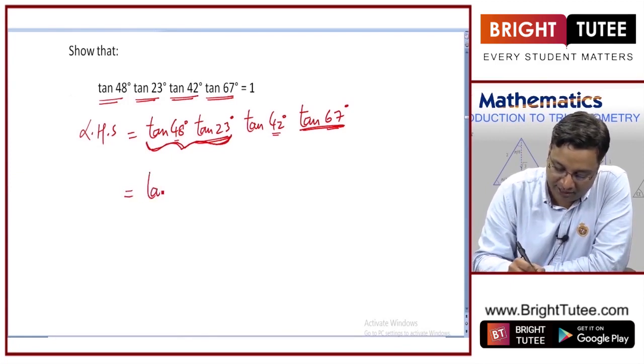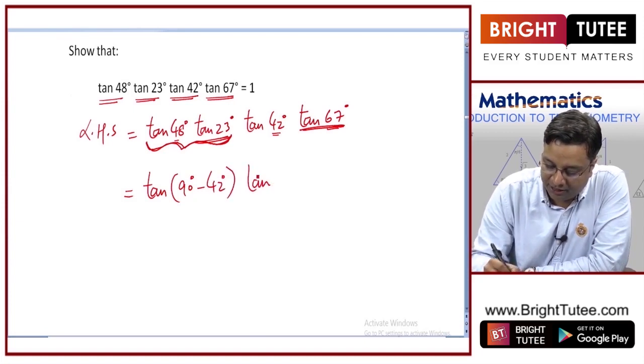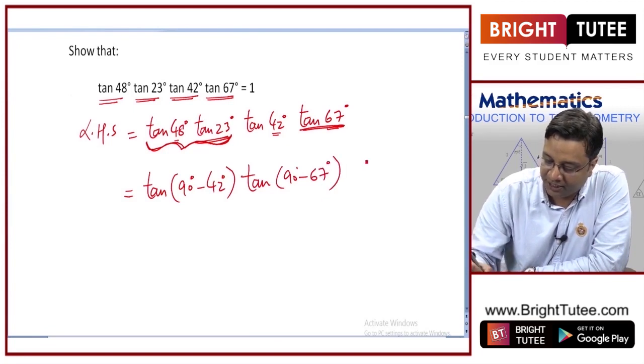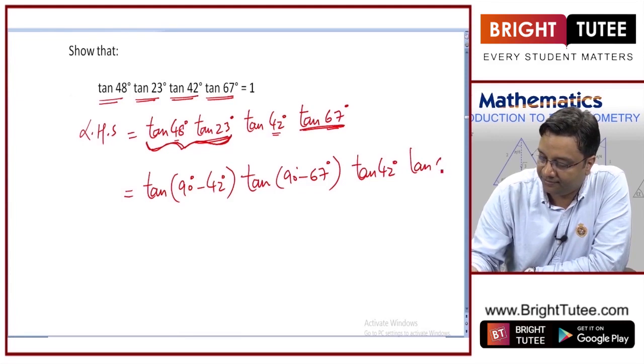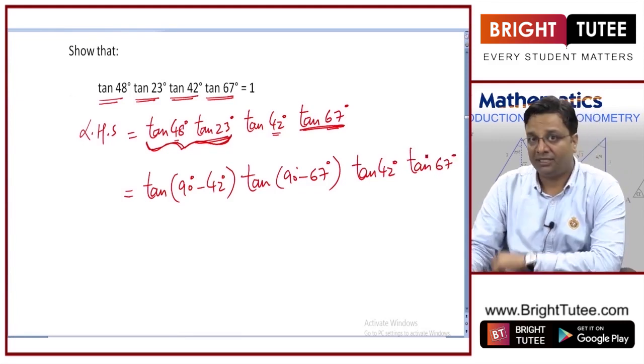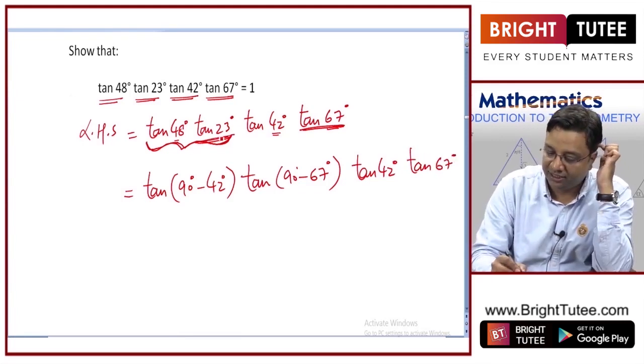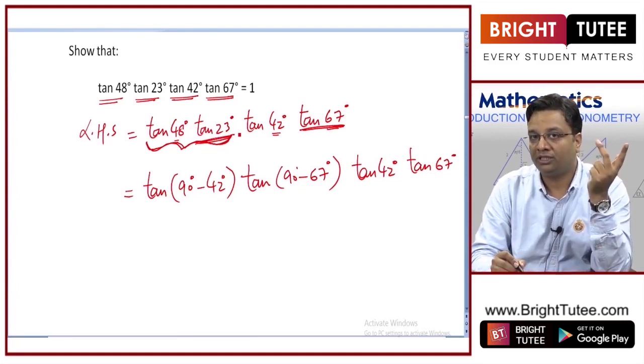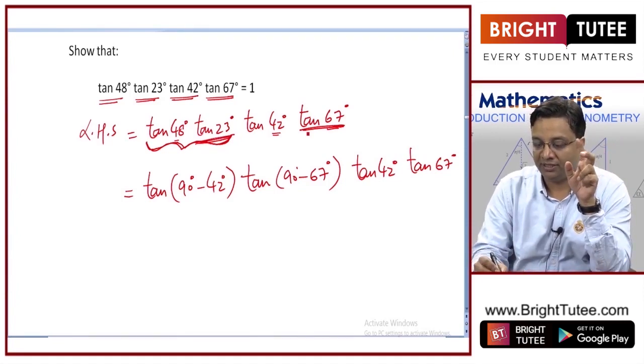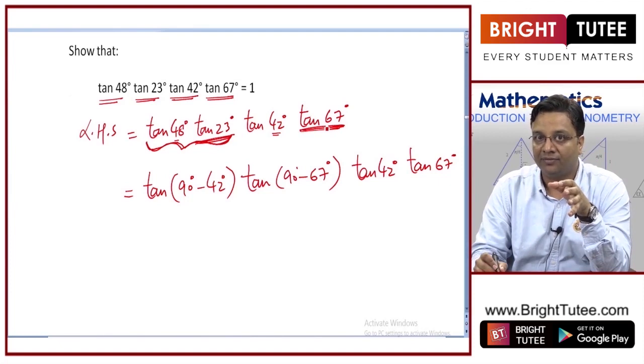So what I can say is tan 48 degrees can be written as 90 minus 42 and tan 23 degrees can be written as 90 minus 67, and let us write the rest of the angles as they are. Why? Because I can see that tan 23 degrees can be converted into cot 67, and cot 67 and tan 67 will get cancelled because these are reciprocals of each other, right?